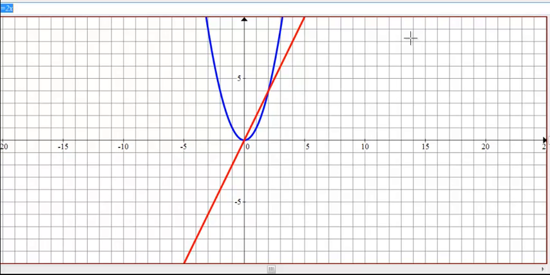Let's see if this makes sense. Notice that when the original function is decreasing, the derivative is negative. When the original function is increasing, the derivative is positive. The derivative is 0 whenever the original function has a horizontal tangent line, which is at the minimum there.